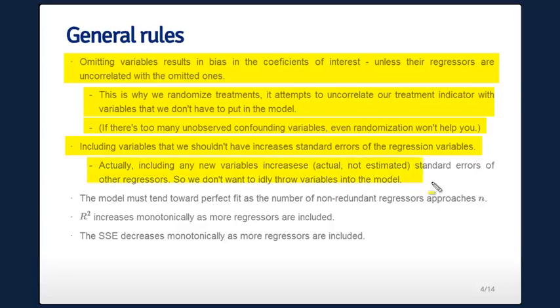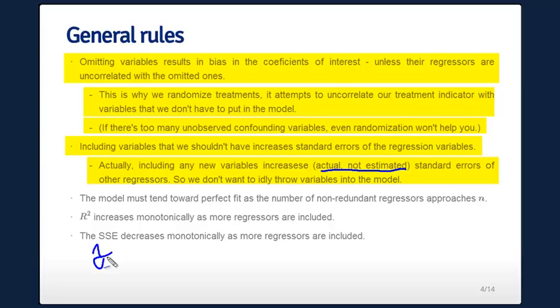It turns out that including any new variables increases the standard errors of the regressors. And I want to emphasize this point. It increases the actual standard errors, not the estimated standard errors. What happens with the estimated standard errors remains in question, because there's two parts to the standard error of a regressor. There's the part that depends on the residual variance, which you have to estimate, and the residual variance has to go down if you include a regressor, even if it's unrelated to the response.